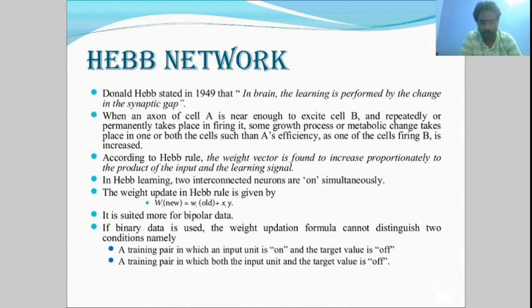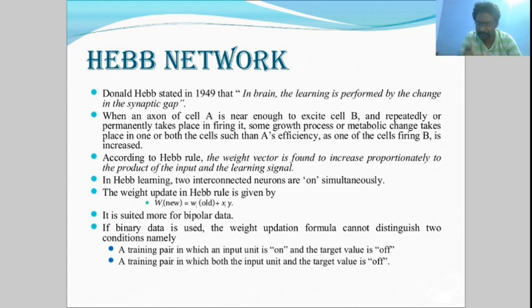When an axon of a cell A is near enough to excite a cell B and repeatedly or permanently takes part in firing it, some growth process or metabolic changes take place in one or both the cells, such that A's efficiency as one of the cells firing B is increased.